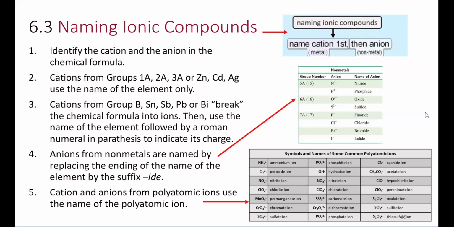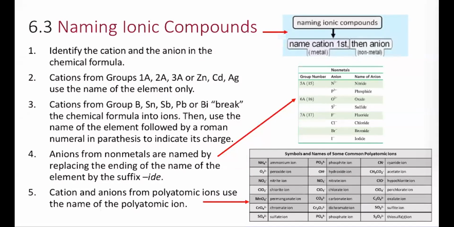The charge for the ion depends on the chemical formula. It doesn't depend specifically on the anion. So we are deriving those charges because of the chemical formula that was given.